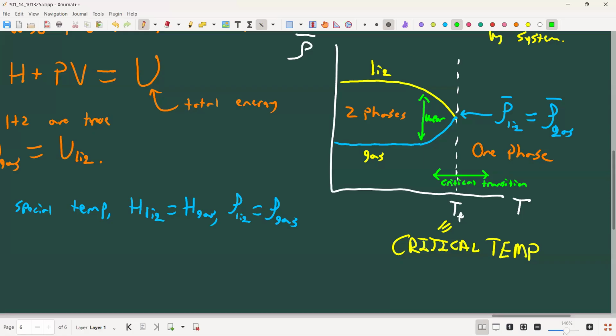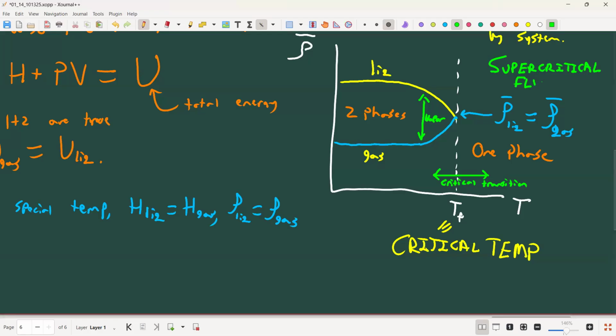We call this fluid on the outside, it's neither a gas nor a liquid, it's somewhere in between. This is what's called a supercritical fluid. So we call this region where they're the same, or where the liquid ceases to exist, the supercritical region.